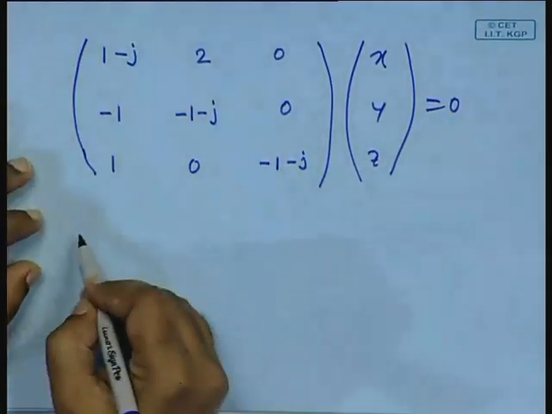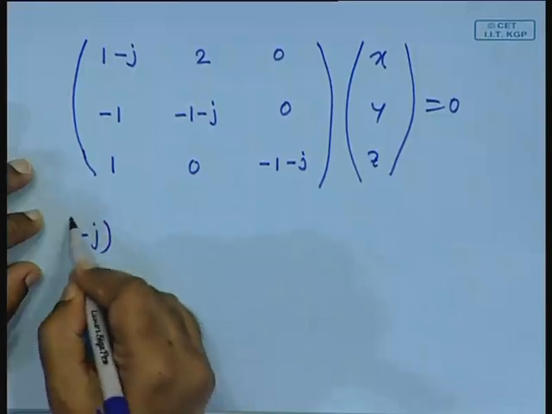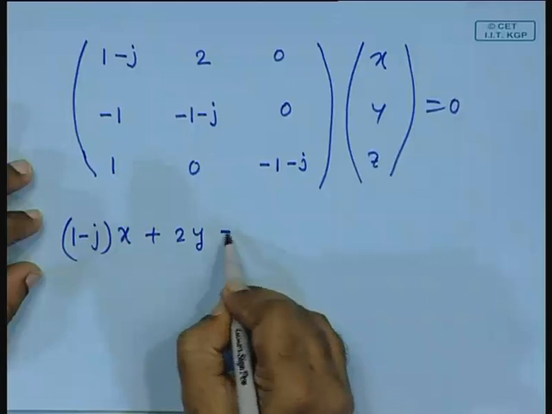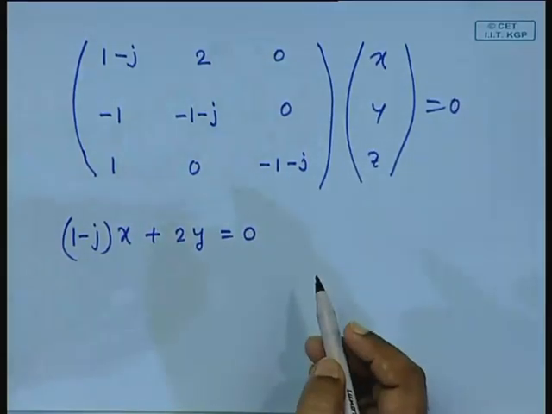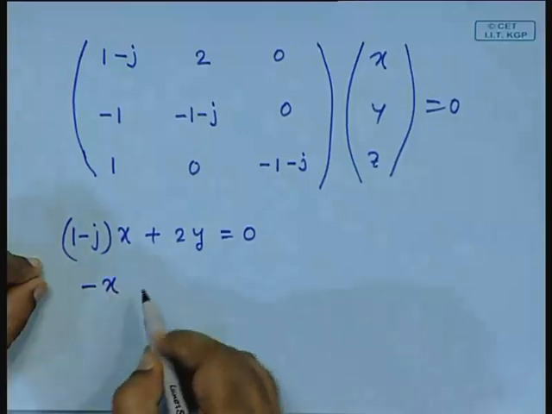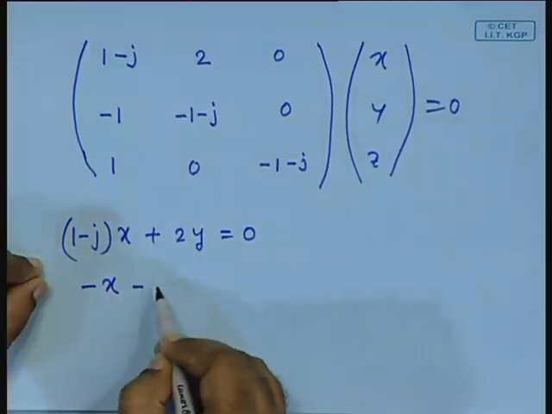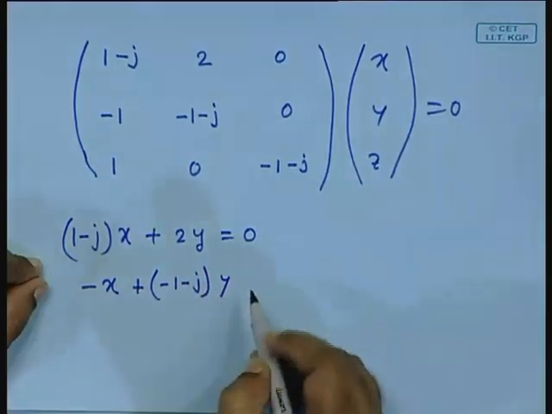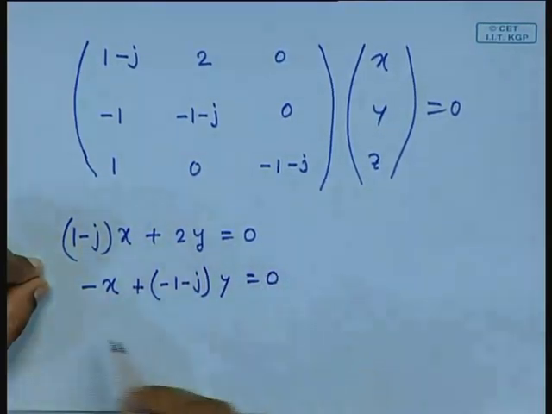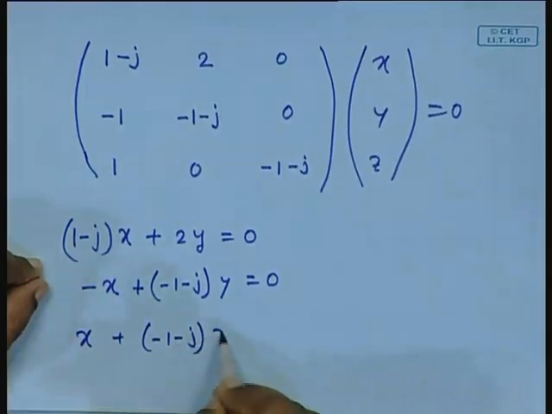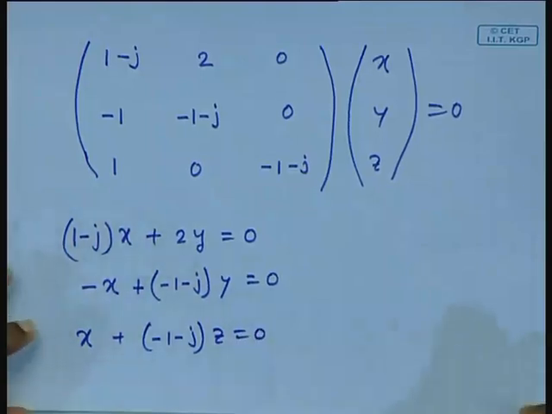So, you have 1 minus j times x plus twice y is equal to 0, first equation. Second equation is minus x plus minus 1 minus j times y is equal to 0, and third equation is x plus minus 1 minus j times z is equal to 0. Okay.